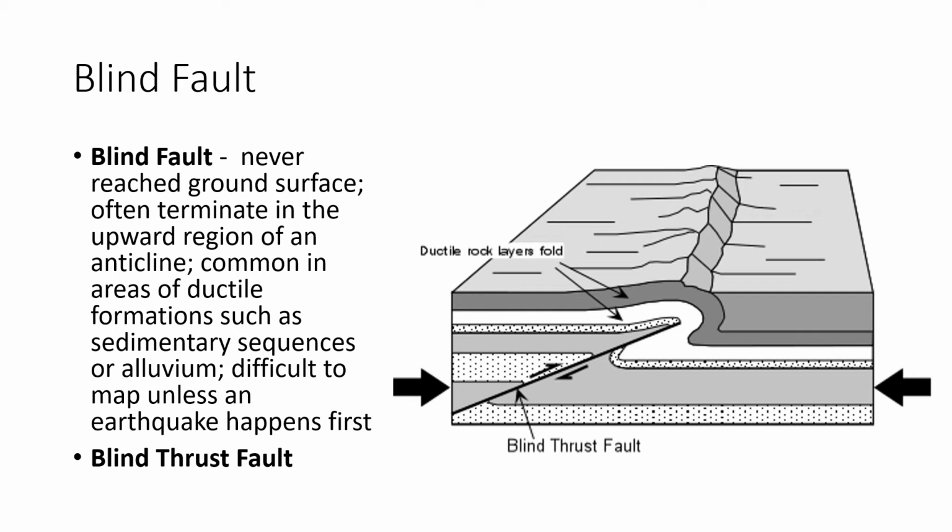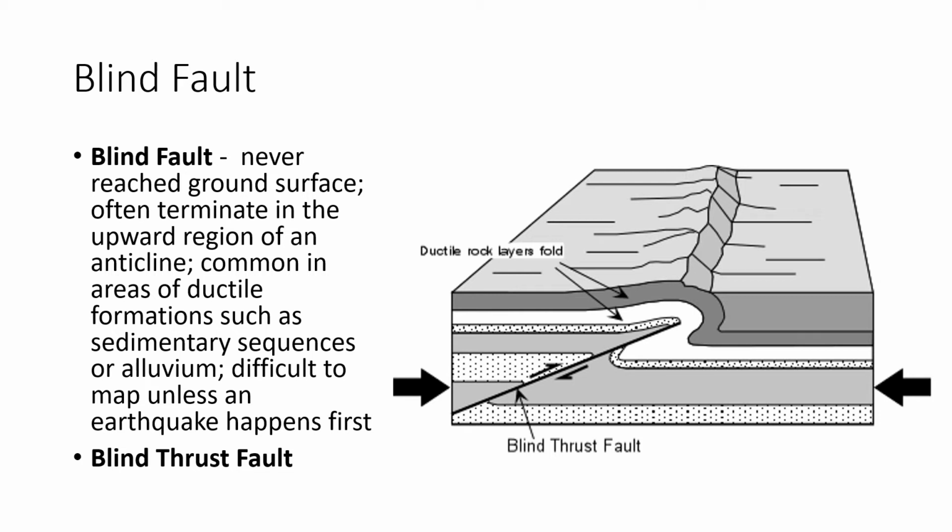So what happens in a blind fault is the underlying geology is ductile, meaning it can easily bend a lot without breaking. Typically, ductile formations are your sedimentary sequences or alluvium, right? And the thing with a blind fault is, of course, it's difficult to map because it doesn't have that classic ground rupture, that classic fault rupture that you can see on the surface, and it's difficult to know which anticline involves an active fault.